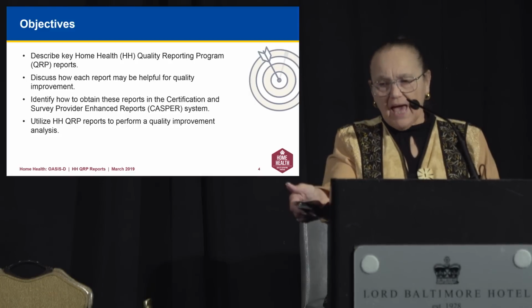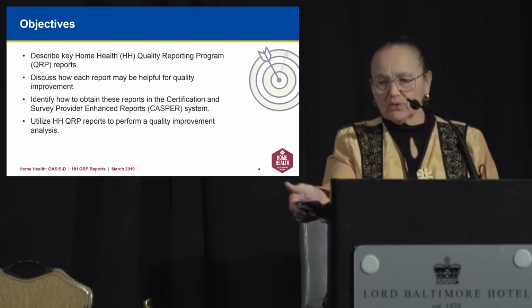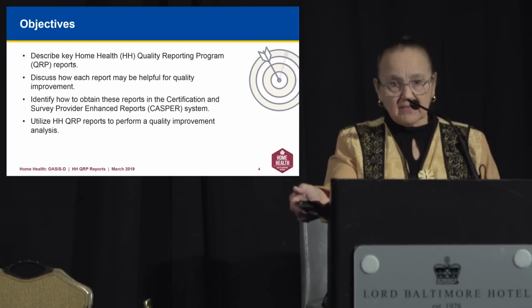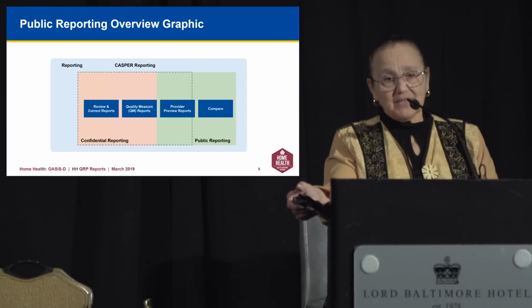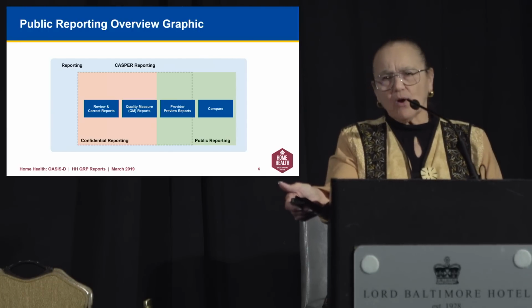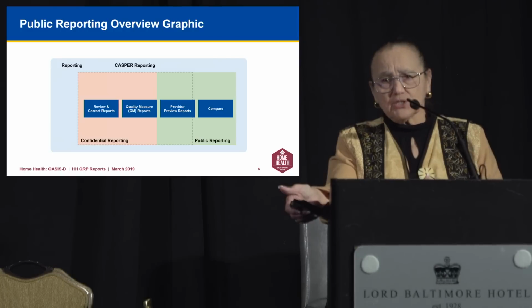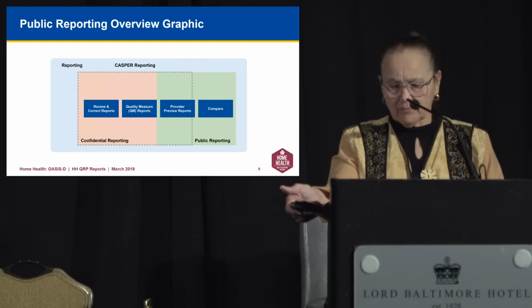We can look at how to obtain these reports in the CASPER system, and then how you will utilize these same reports to perform a quality improvement analysis and a plan to act on it. Because doing the analysis isn't really going to help us, is it? If we don't make a plan, an action plan, as we've talked about at the end of every session today, an action plan to move forward.